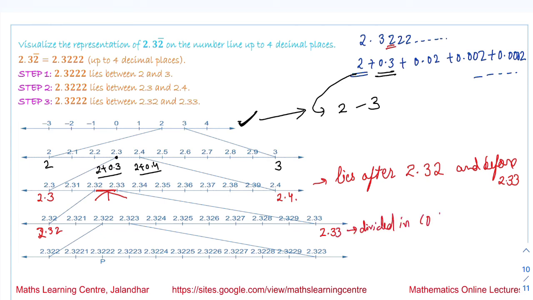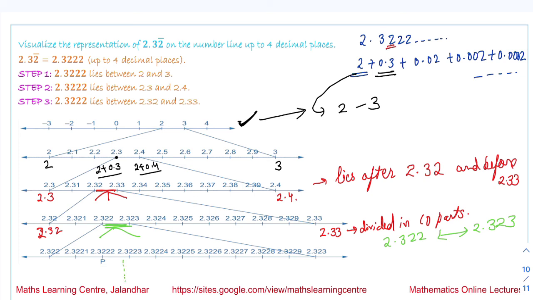Now what we know is that the number lies between 2.322 and 2.323, this region. Again we magnify this part. Likewise we continue magnifying these portions, and this procedure will never end.